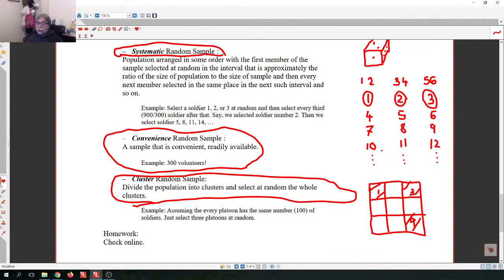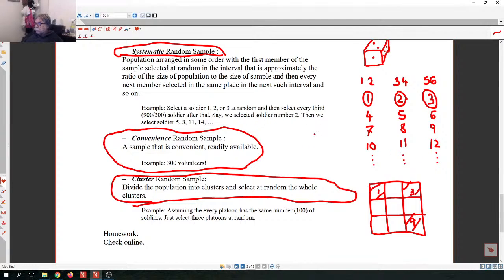So the bias here would be against cowards, right? Or those not into it, right? They would not be volunteering. And maybe that's what you want. Maybe you don't want to send on that particular mission somebody who is really not into it. But that's probably something that no military commander would want to do, unless it's a really tight situation in which he has to do something like that.